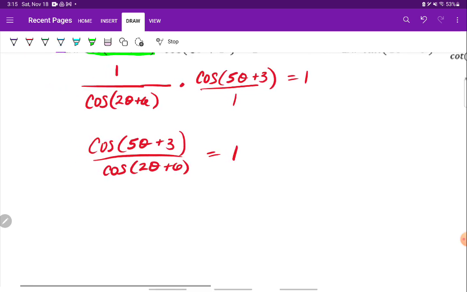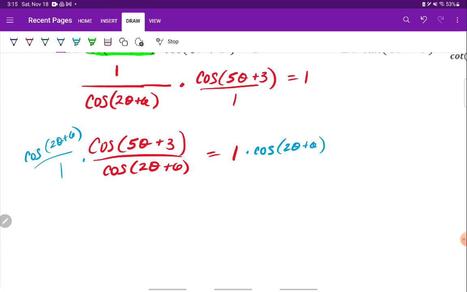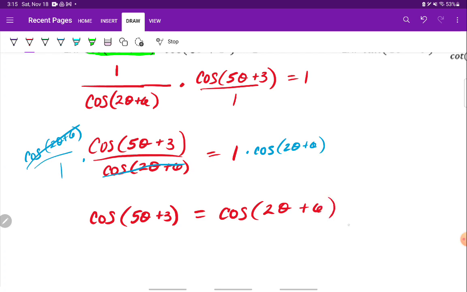I'm going to multiply both sides by cosine of 2 theta plus 6 to get that out of the denominator. You could also think of it as cross multiplying. Either way, we'll get cosine of 5 theta plus 3 equal to cosine of 2 theta plus 6.